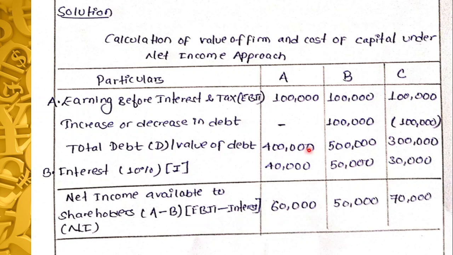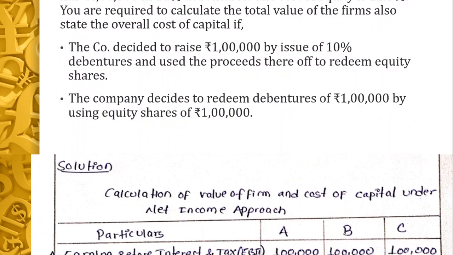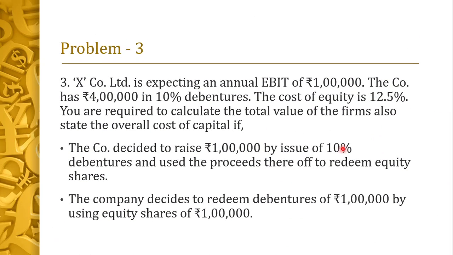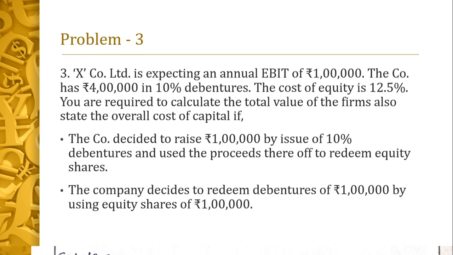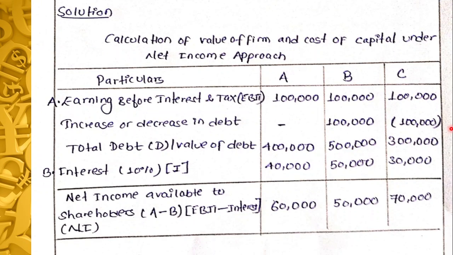For situation B, they have specifically given that there is going to be an increase in the debt by 1 lakh, and thereby the total debt increases to 5 lakh. For situation C, there would be redemption of debentures to the extent of 1 lakh, and after the redemption, the total debt stands at 3 lakh.